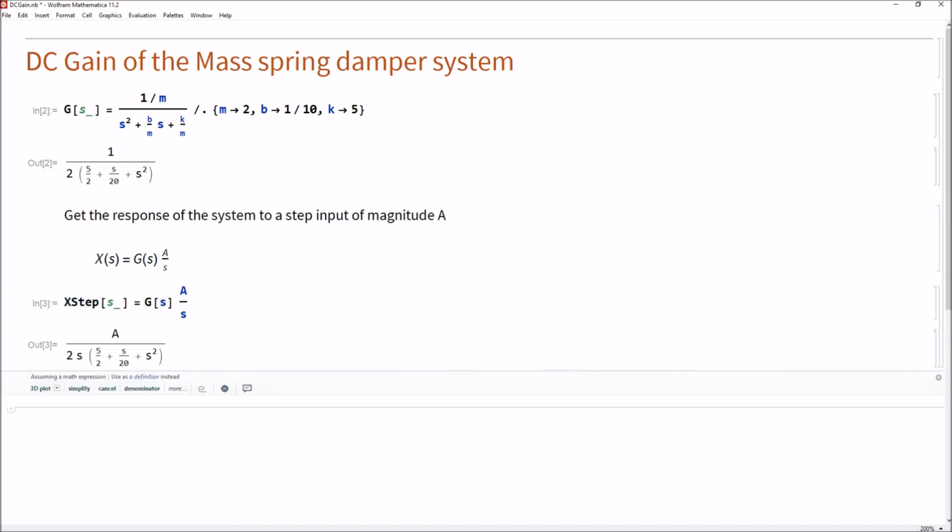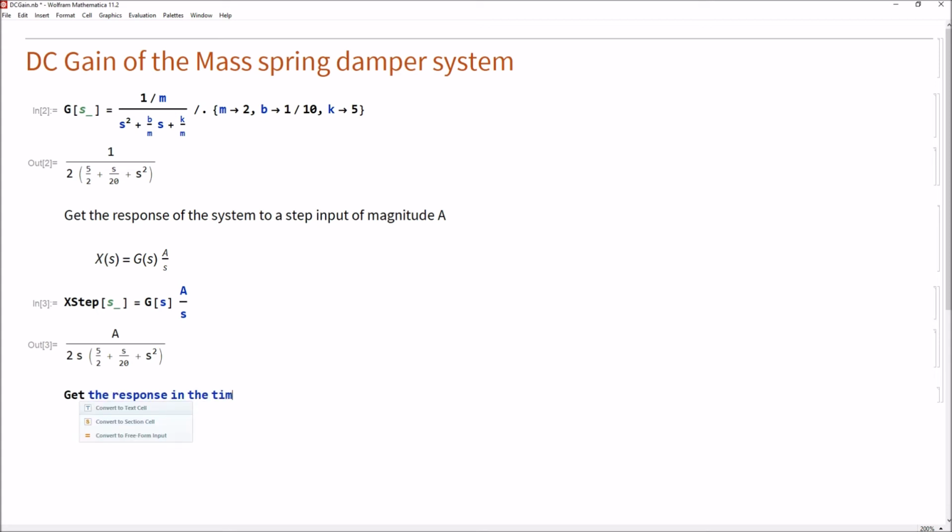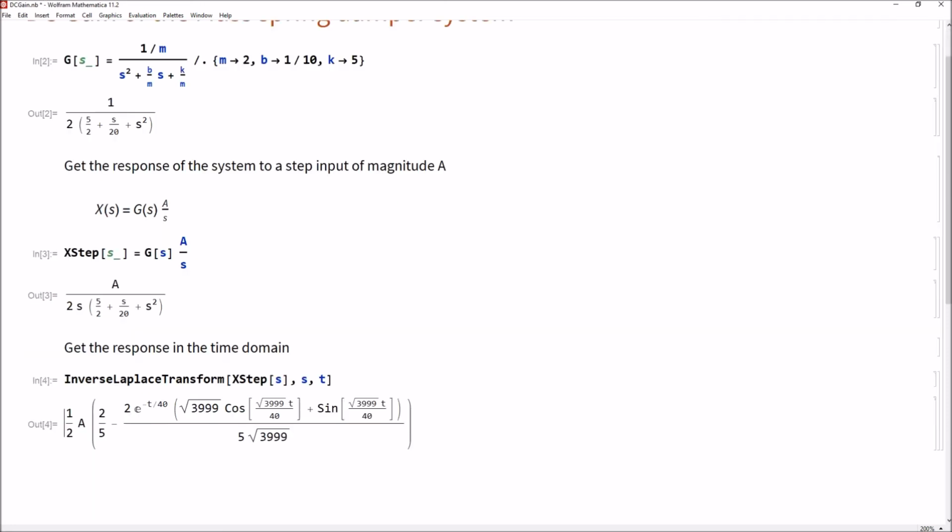Now let's convert this back into the time domain. To get the response in the time domain, we are going to inverse Laplace transform this from the s domain to the time domain. Let's call this lowercase x step in the time domain.